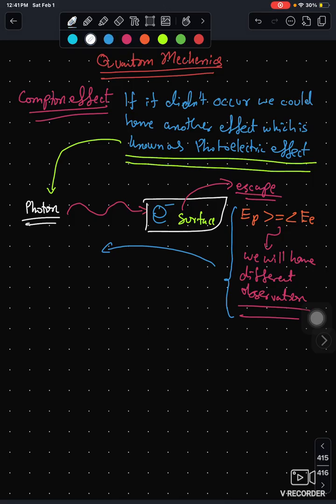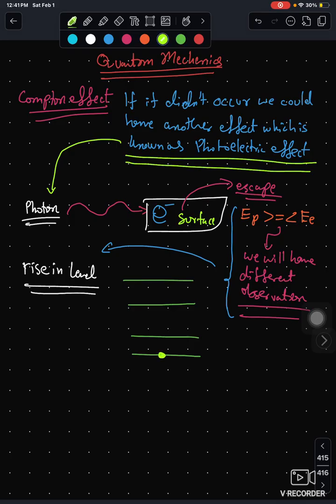Now, other than this photoelectric effect, there could also be another effect, like a rise in level. By rise in level, I mean let's suppose the electron is in this level of the atom, and the photon is coming towards it. The moment the electron absorbs the photon, what will happen is this electron may rise in level.